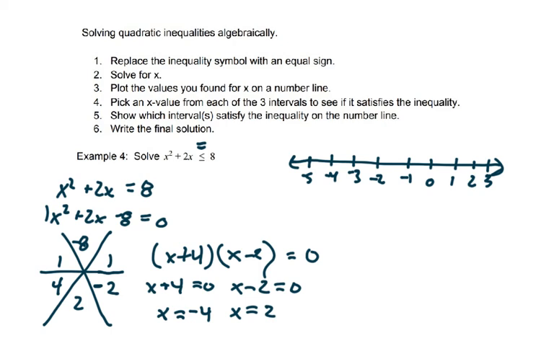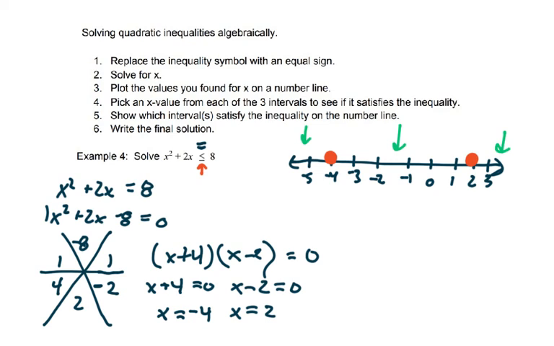And so now I plot the values on the number line. I found negative 4. I found 2. And those are solid because of that equal sign. We already know to make them solid. Okay, so then we got 3 intervals. Everything under negative 4, everything between negative 4 and 2, and everything above 2.